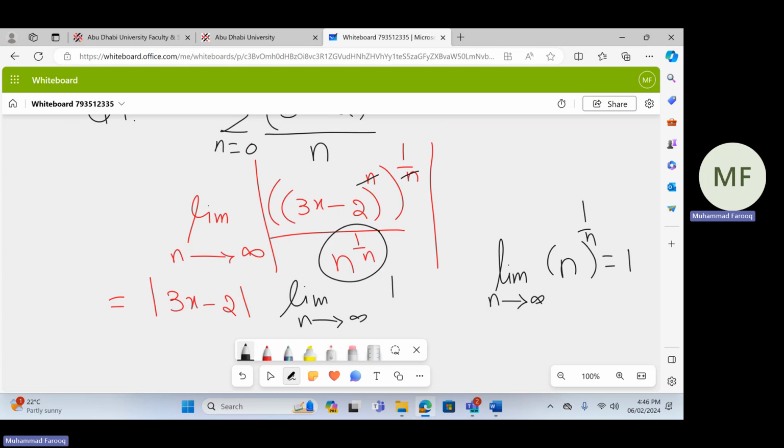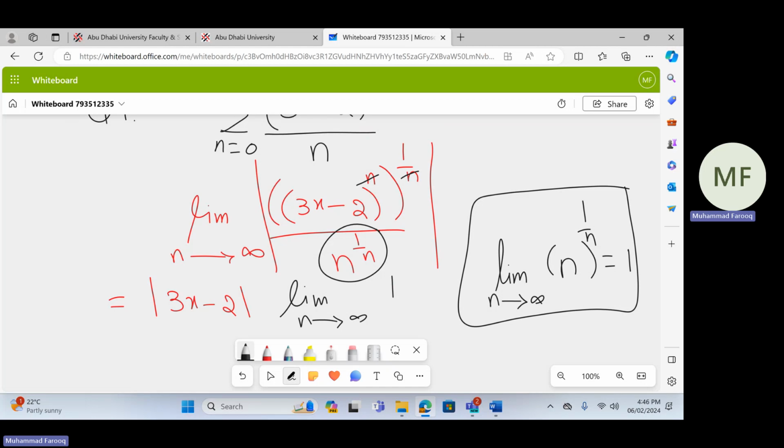This is a property, and we can justify it with L'Hôpital's rule, which we used in chapter 7.5. So it's a result, just use it directly and save time. So the answer for me is 1.